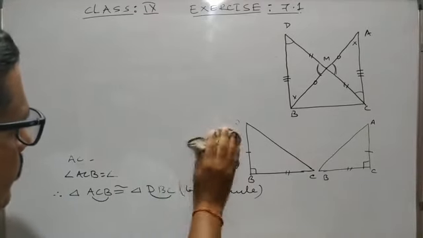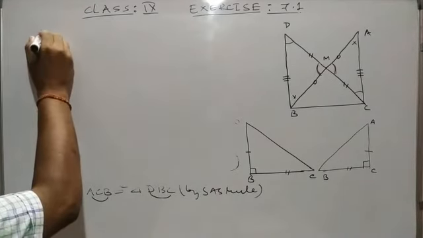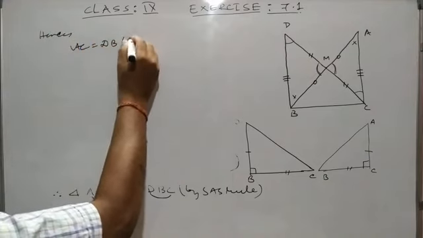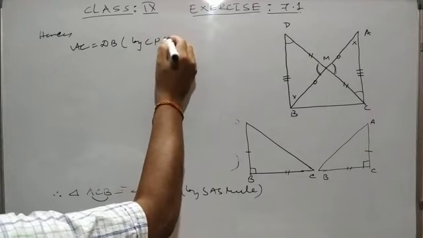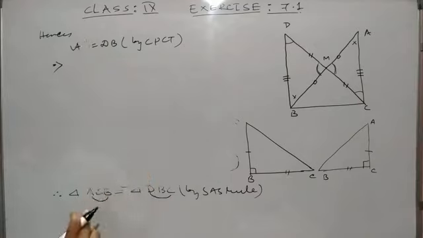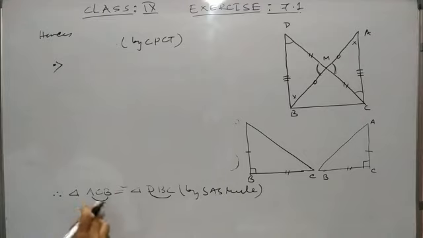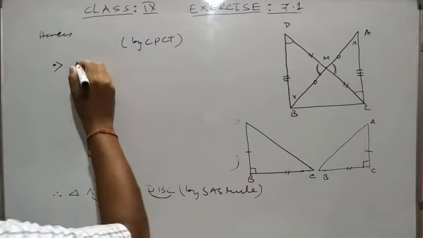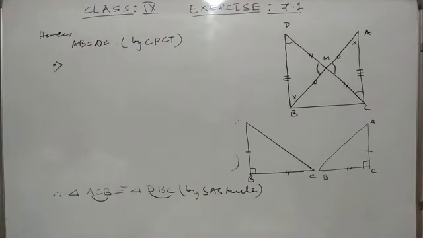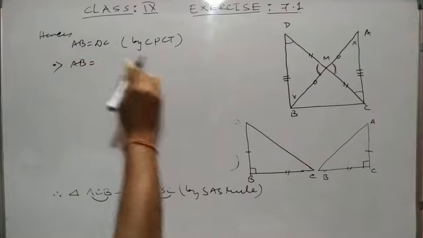Hence AC equal to DB by CPCT. Hence AB equal to DC.